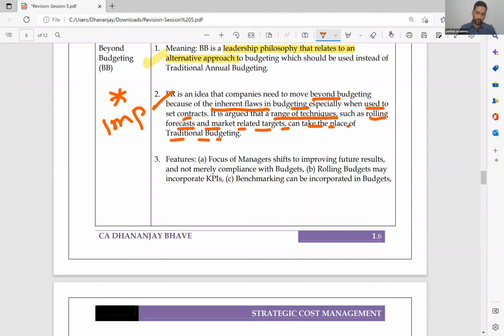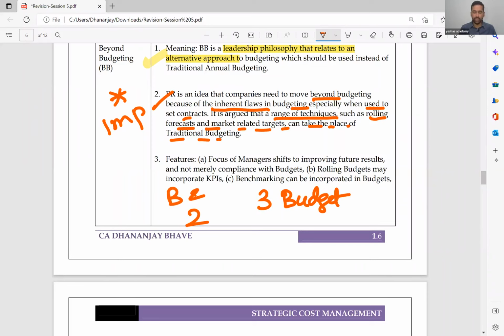The big problem with traditional budgeting is, listen to me, how do you prepare next year's budget? Most of the times the answer depends on this year's achievement and last year's budget. So your year 3 budget is always based on year 2 budget and year 2 actual.